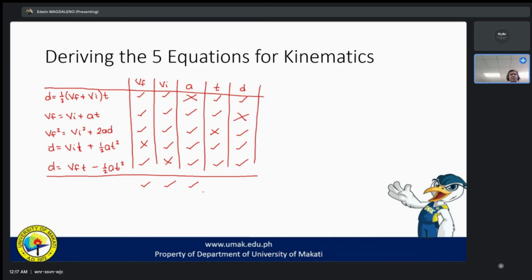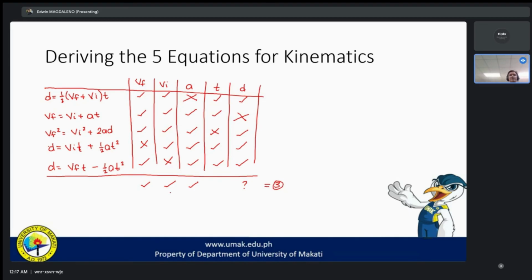Tapos hinahanap yung displacement. So ito ang displacement na hinahanap. So sa time, hindi natin kailangan. So let's try to determine ano ba meron yan. Check dito, check dito sa VI. Check kay equation number 3 sa acceleration. Check kay displacement kasi yun ang hinahanap. So that means, if this is the problem, ang kailangan natin is equation number 3.